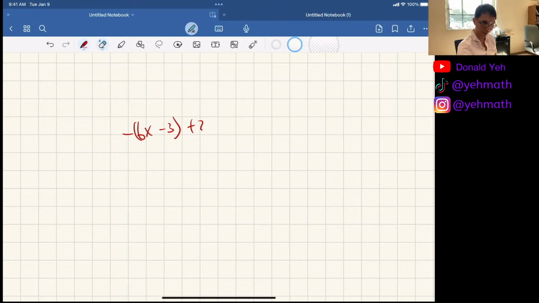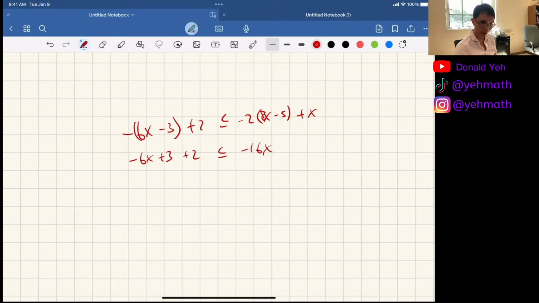This is probably algebra 1. Less than -2 times the quantity ax minus 5 plus x. So -6x plus 3 plus 2 greater than -16x plus 10 plus x.